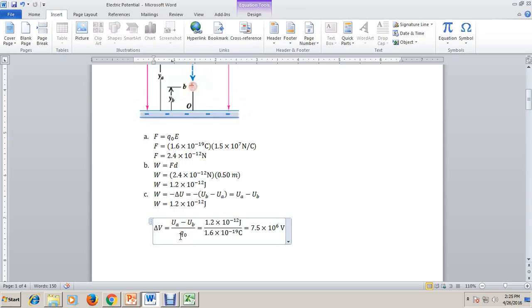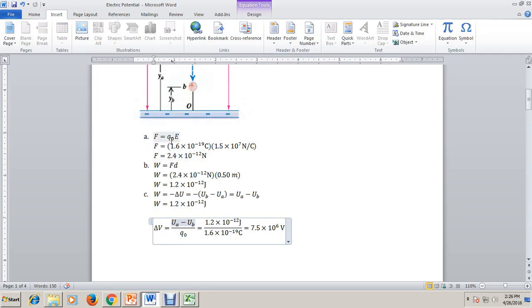The potential is symbolized by capital letter V. If the electric field is a measure of force per charge, the potential is a measure of energy per charge. So by this definition, we have in our numerator the amount of energy, which is U sub A minus U sub B, over the amount of charge, our test charge, which is our proton, Q sub O.